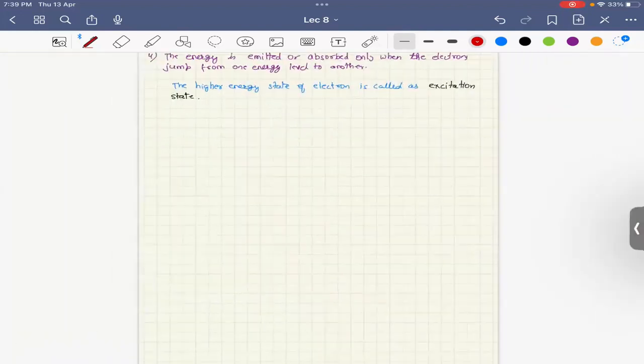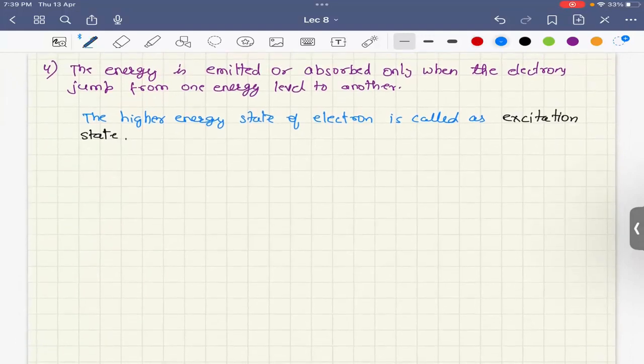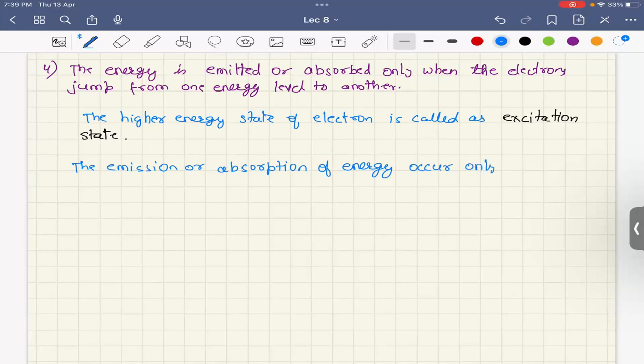So let us write this down. This means that the emission or absorption of energy occurs only in discrete values.